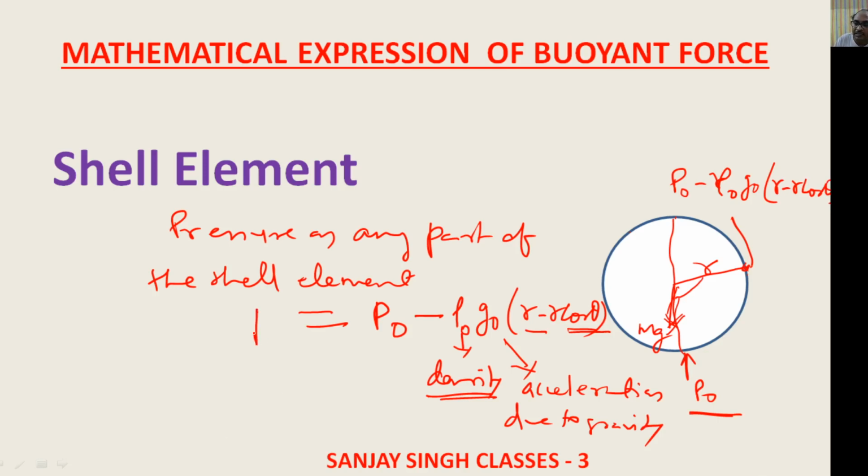So this is the pressure P exerted on any part of the element. We need to find the vertical force at this particular point. Suppose it is O and this is A and this is B. Let us find out.